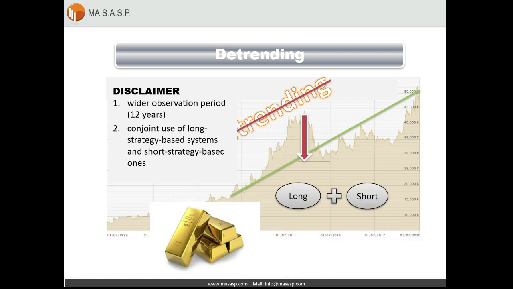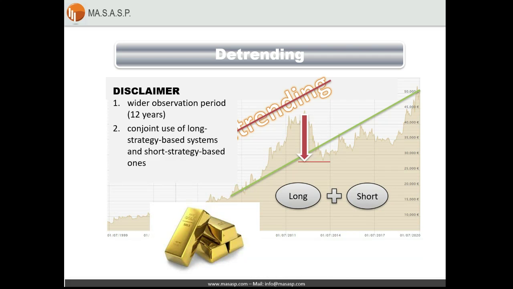In order to figure out whether it is the case, some scholars recommend to adopt the detrending practice, which means to assess what the performance of the system would have been if the traded contract wouldn't have trended at all.